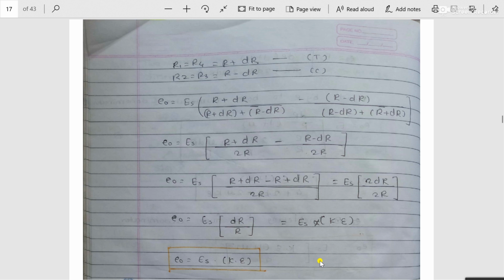Means the 2-arm sensitive bridge circuit is more sensitive than the single-arm one, and the 4-arm sensitive bridge circuit is more sensitive than both the 2-arm and the single-arm circuits, because in the 4-arm circuit 4 strain gauges are used instead of a single strain gauge or 2 strain gauges.